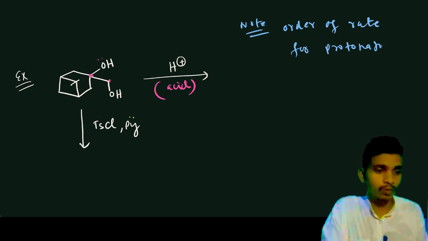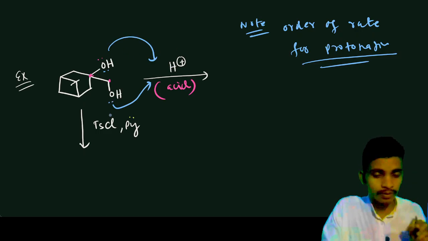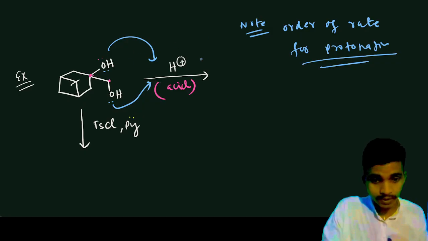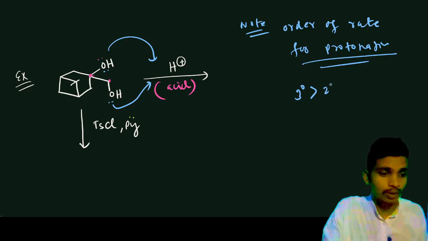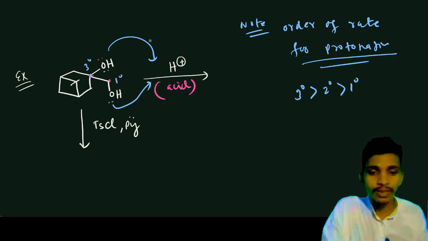If you want to do the protonation, it means that here, okay, this will do the protonation. So if acid is there, this will do the protonation, or this also can do the protonation. So if the order of rate of protonation, it means an acid group is there. In that case, what will it prefer? First 3 degree, then 2 degree, then 1 degree. It means this carbon is 3 degree and this is the 1 degree. So which will do the protonation? This will do the protonation. Okay, this is the one.